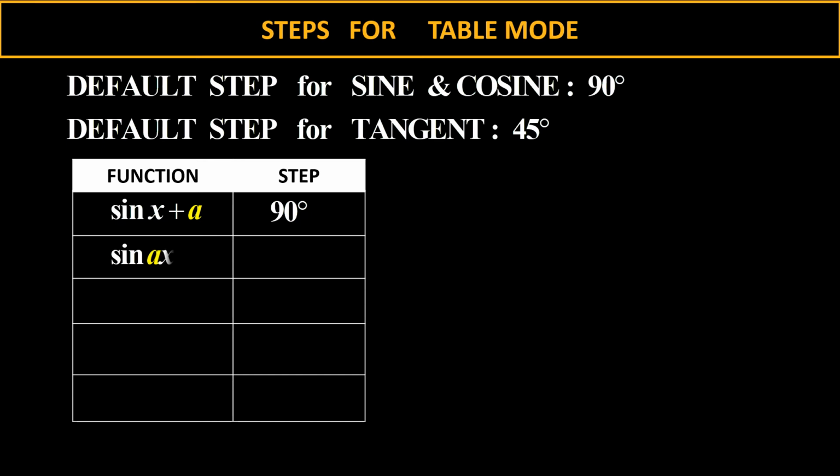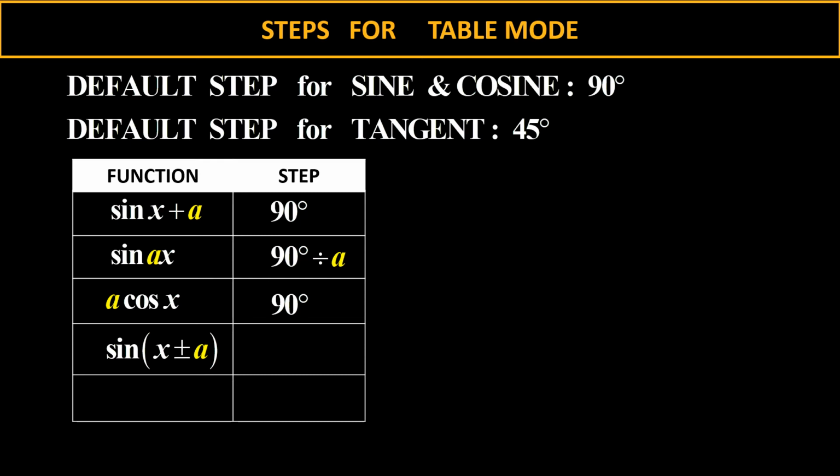If I have sin of ax, that affects the angle, so the steps are going to be affected. It's 90 divided by that a value. And if I have a cos x, that a is the amplitude, it doesn't affect the x. So in other words, my steps remain 90. If I have sin of (x plus or minus a), then the steps won't be 90.